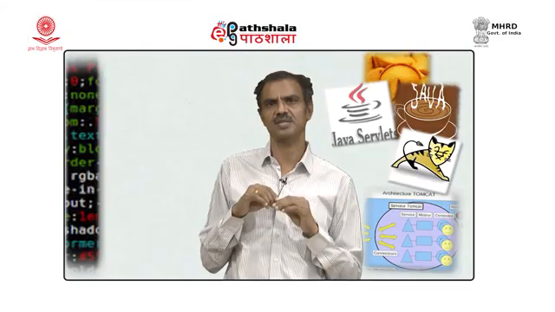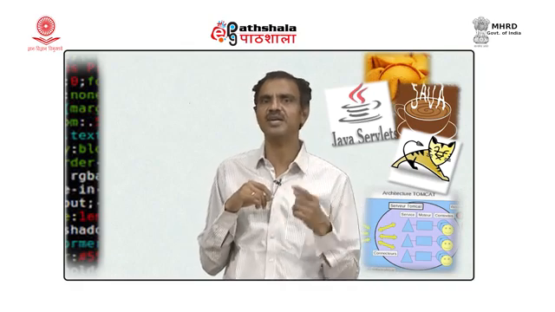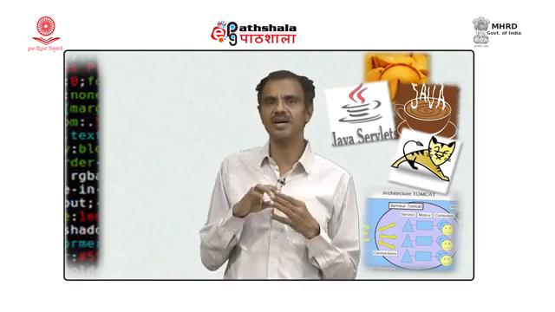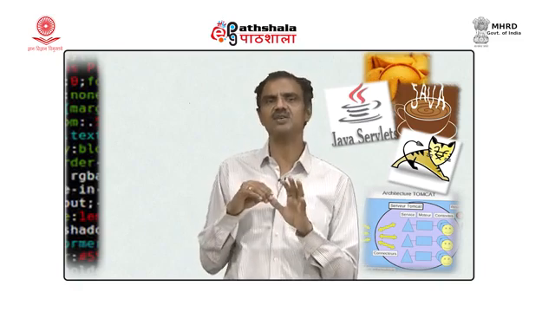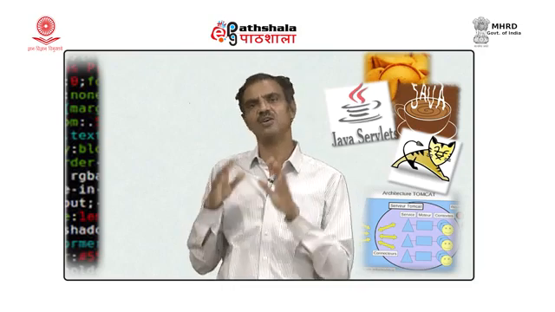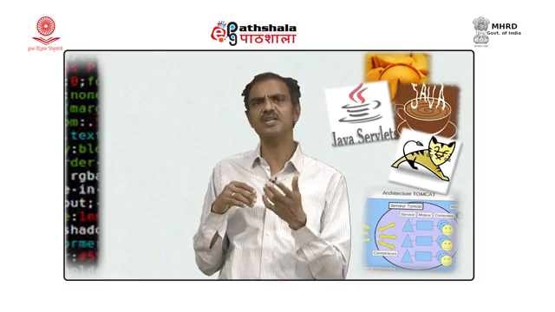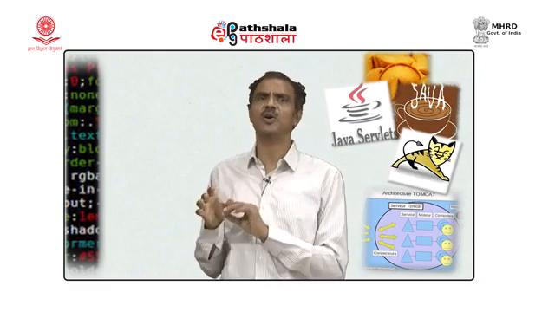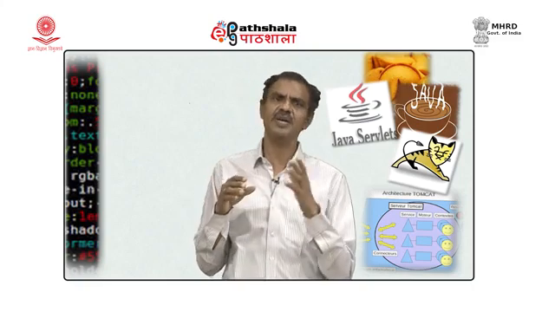Now, in order to repeat the evaluation of the body content, this method can return a value called eval body again. It is a constant in the iteration tag. So, the integer value returned by do after body can be eval body again, or it can be skip body.